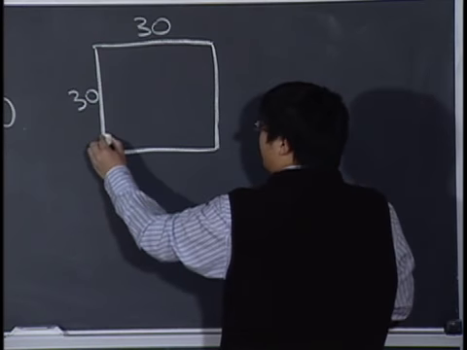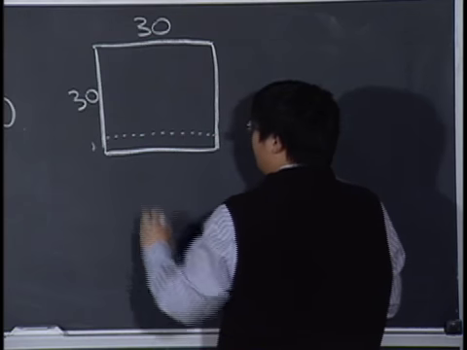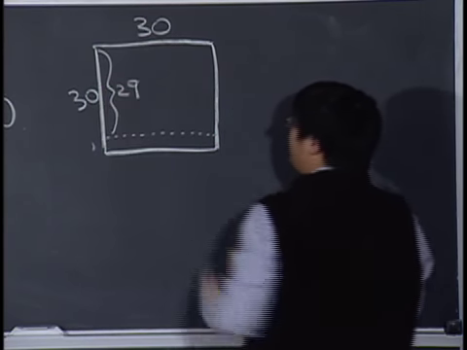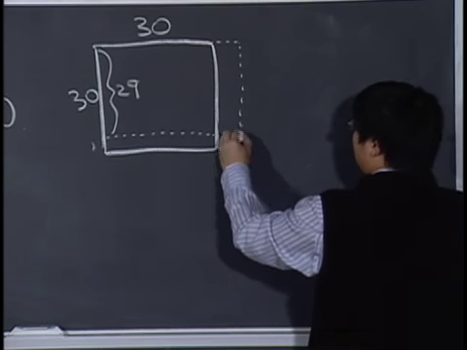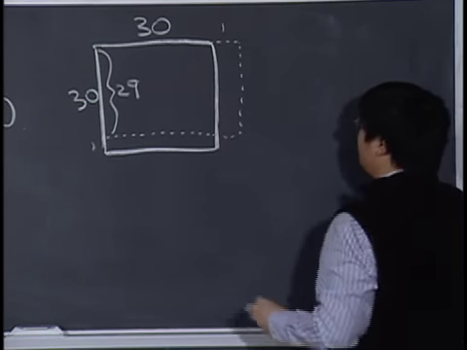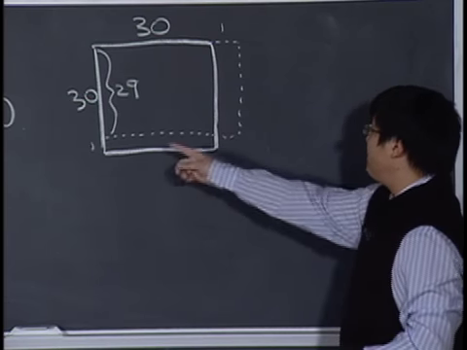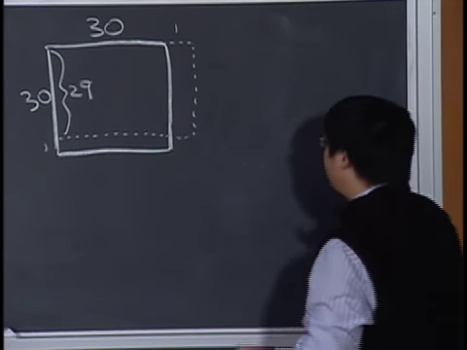Well, we can remove a strip from the bottom of width 1 so that this side has length 29. And we can add a strip to the right side of width 1. And now the rectangle outlined in a dotted line is a rectangle of sides 29 by 31.